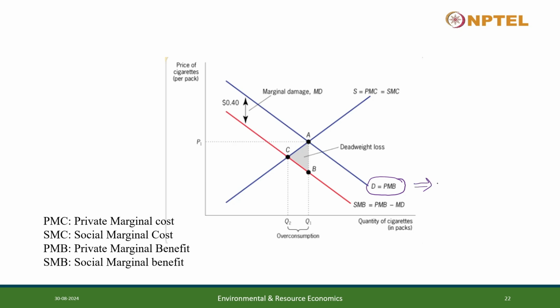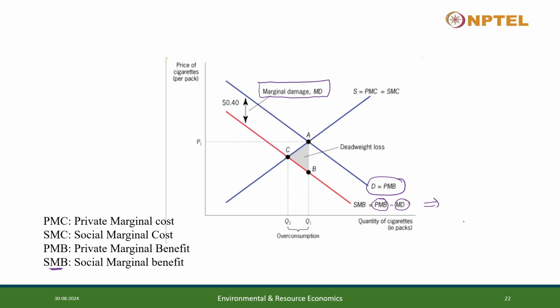So this is the no tax case, where no marginal damage is being considered. However, when you consider this marginal damage, your marginal benefit curve goes down because you have to subtract the marginal damage from the private marginal benefit. So you get the social marginal benefit.